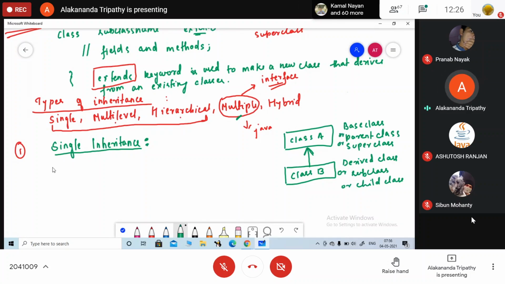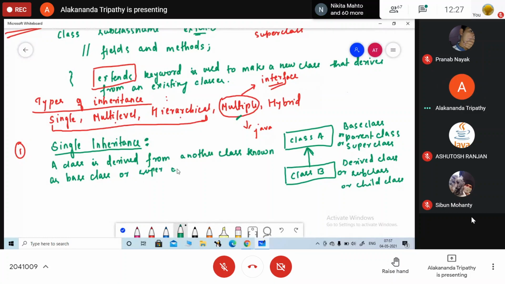Single inheritance: here a class is derived from another class. In case of single inheritance, a class is derived from another class known as the base class or superclass.